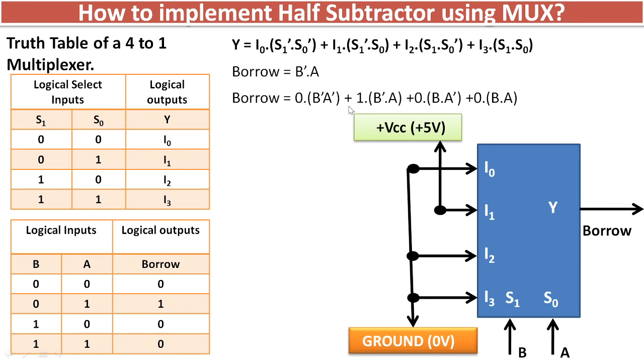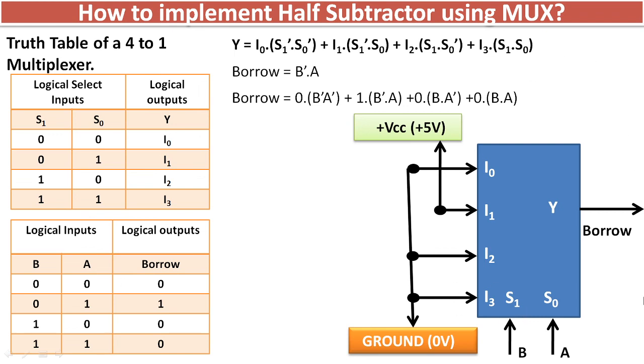If we expand this, we get the expression 0 B bar A bar, 1 B bar A, 0 B A bar, 0 B A. Hence the only term that survives is B bar A. Now again, if we compare the expression of borrow with the expression of the multiplexer, we can see that I0 will be 0, hence I0 is connected to the ground. I1 will be 1 and hence I1 is connected to plus 5. Similarly, I2 is connected again to ground. I3 is connected again to ground.